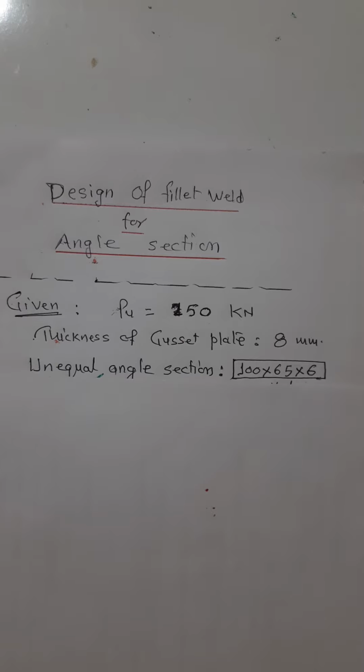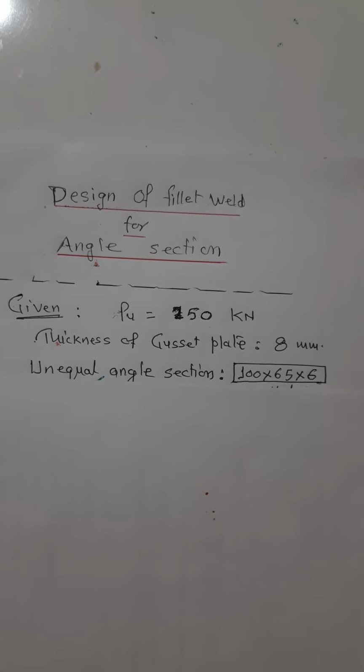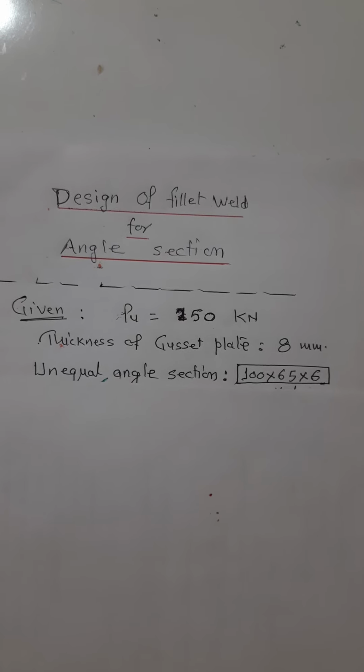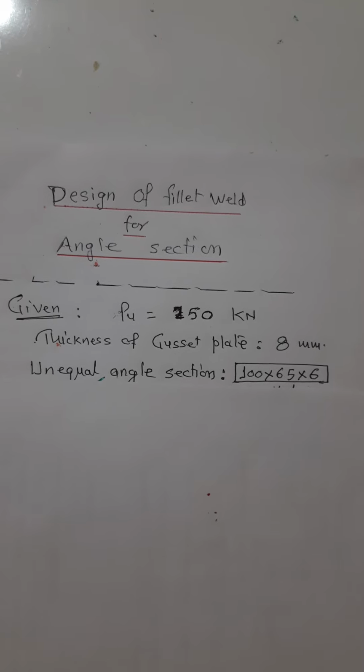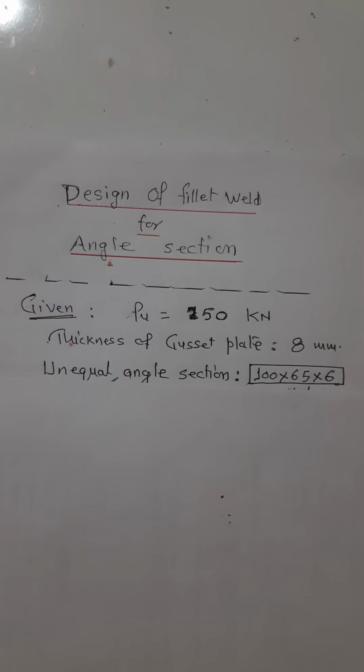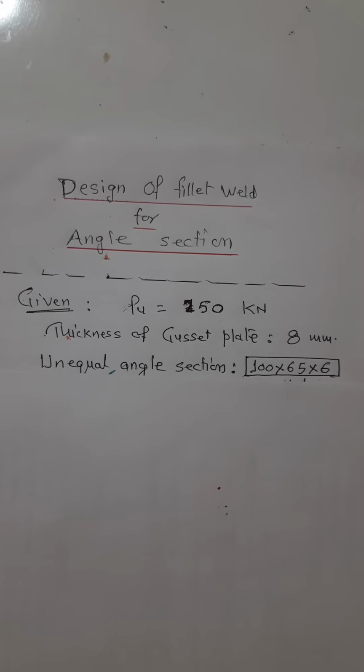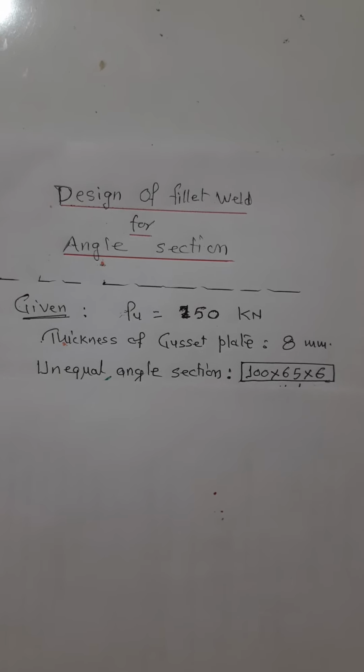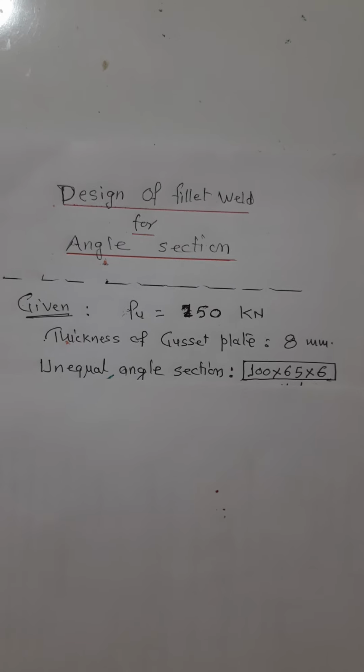Let's take the details mentioned for the problem. The load PU is given as 250 kilonewton. The thickness of the gusset plate is given as 8 mm.